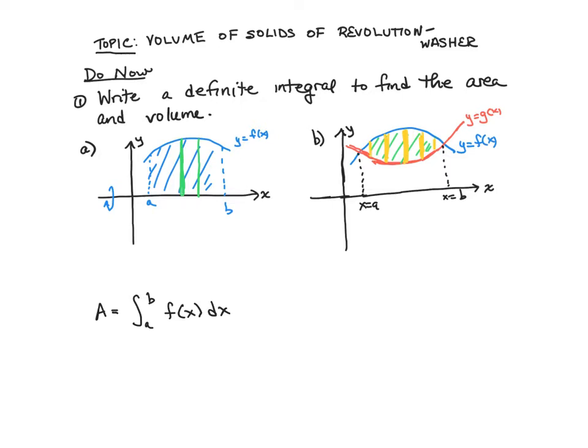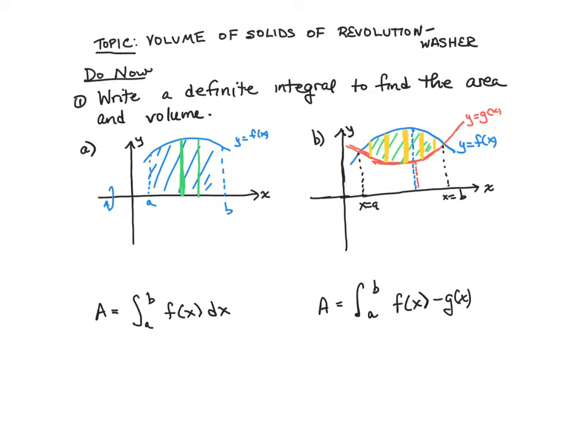So to get the area between two curves, in terms of x, we said that the formula was top minus bottom. So this is the definite integral from a to b of f of x, which is the height of the rectangle from the blue curve to the x-axis, minus g of x, which is the height of the rectangle from the red curve to the x-axis.